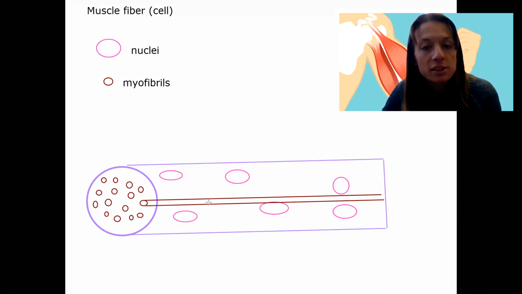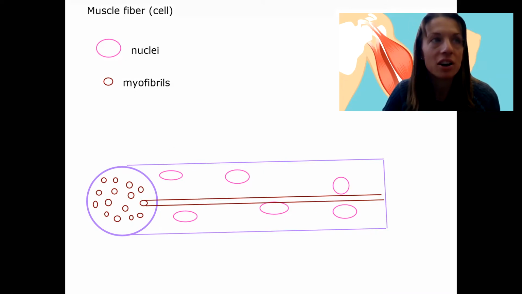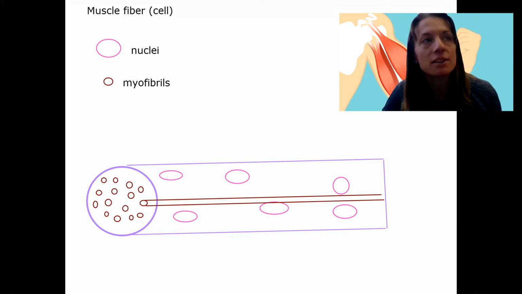You wouldn't really be able to see this through what's surrounding the muscle cell. It's going to be surrounded by, first of all, a plasma membrane, and then around that, the endomysium as well. So this actually would be covered with plasma membrane.